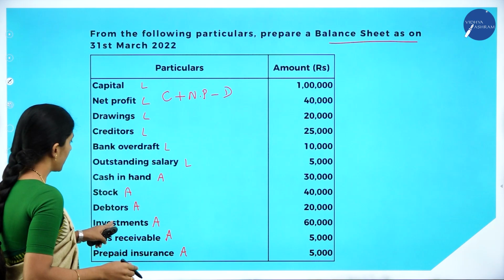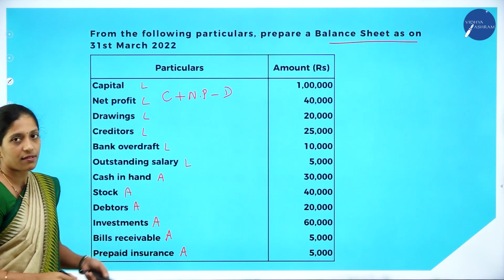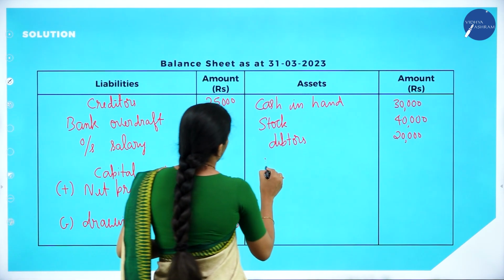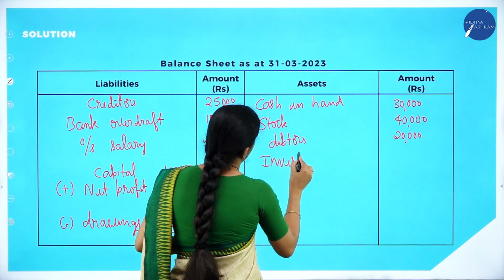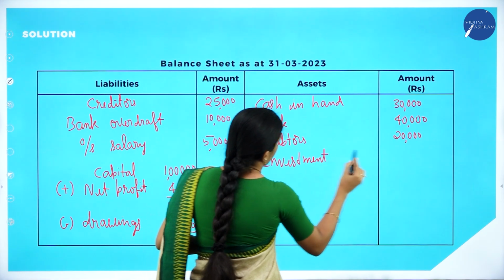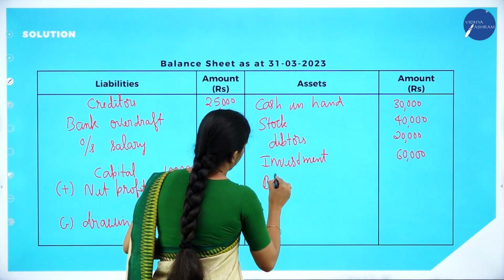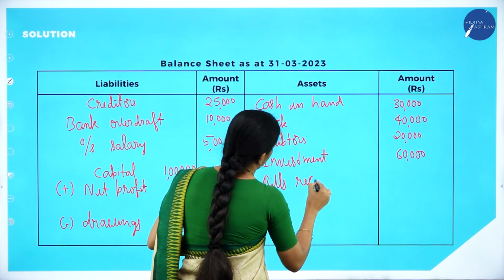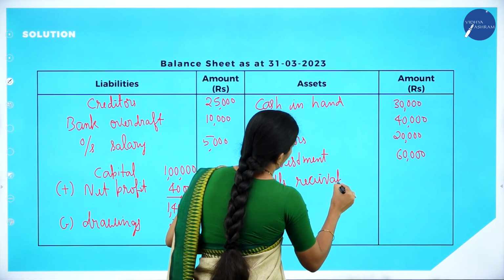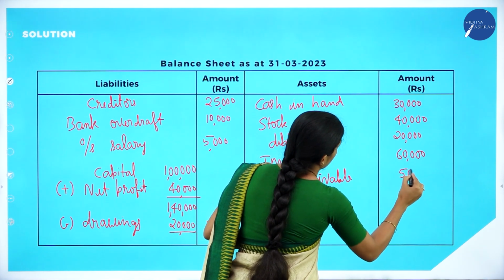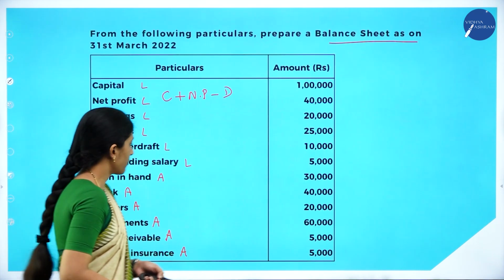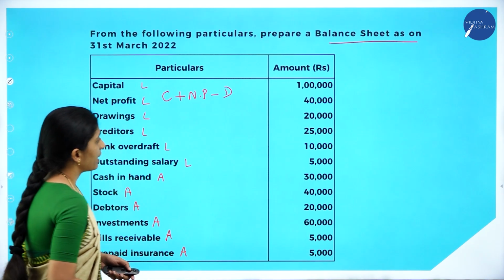Then we have investment 60,000, bills receivable 5,000. Prepaid insurance 5,000.